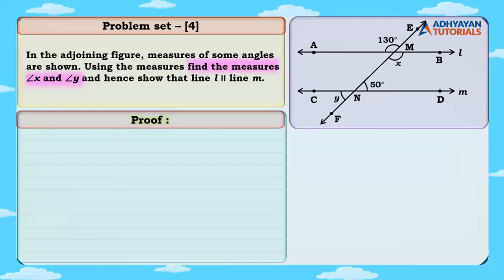So can I state that angle AME would be congruent to angle BMN? The reason being vertically opposite angles, right, children? Now, since the value of AME is 130 and the value of BMN is x, I state x is equal to 130. We needed the value of x, and we have got it.